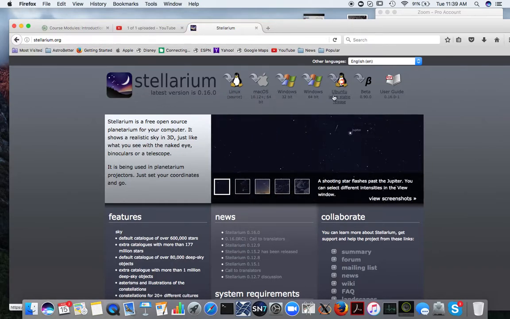You choose whatever system you have, a Macintosh or Windows, and download a planetarium that can allow you to see the night sky. I will be using a planetarium software in the chat room called Starry Night, but it is not free of charge. Stellarium is open source, and it is really good.